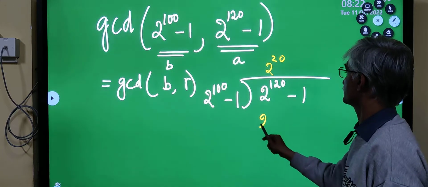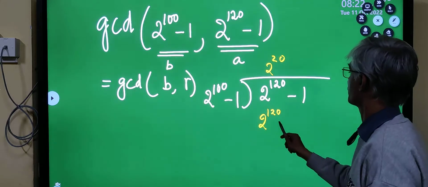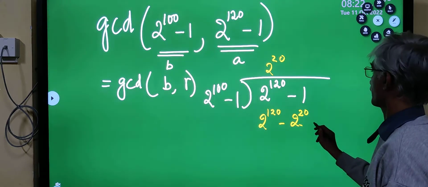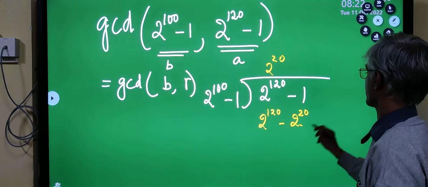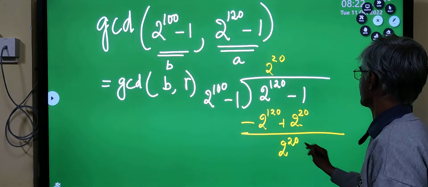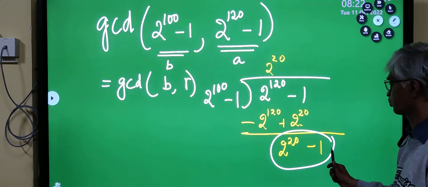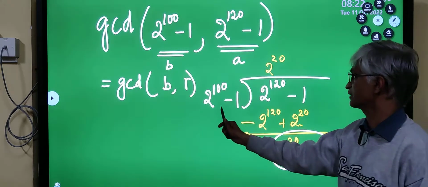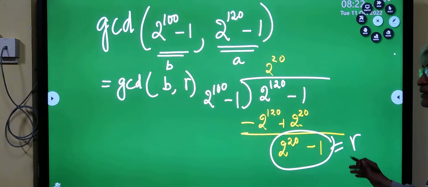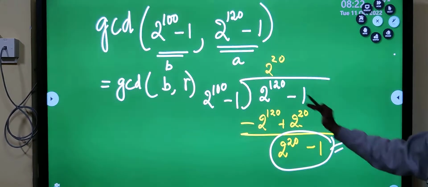So this is going to be 2 raised to 120, and then minus 2 raised to 20, and then there's a minus 1 here. So this plus this becomes 2 raised to 20 minus 1. Now you can see that 2 raised to 20 minus 1 is less than the divisor. So this is indeed the remainder for this particular step.